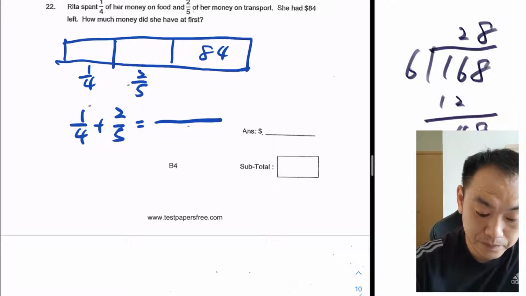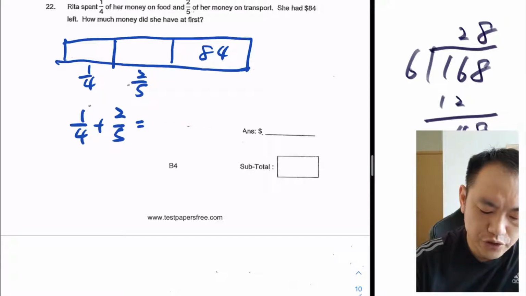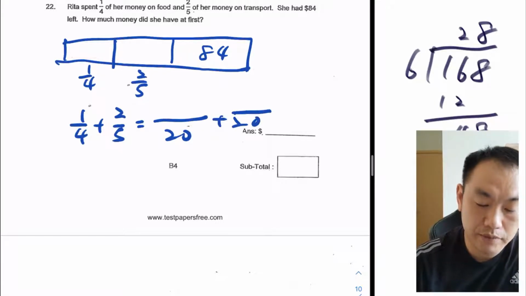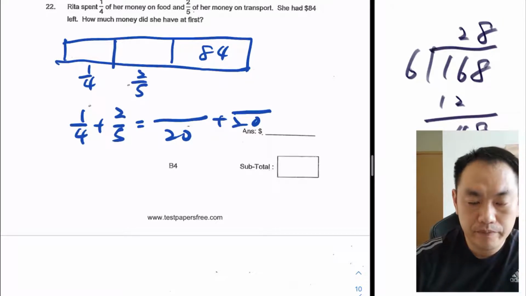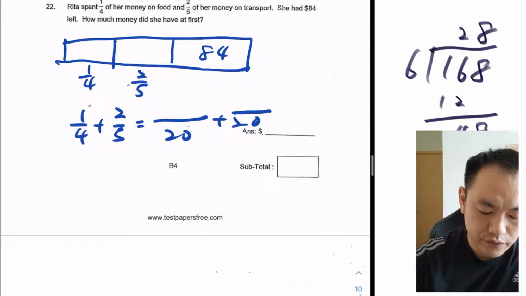You change the bottom to the common multiple, which is 20. Okay, so 4 becomes 20. You need to times 5, so the top also times 5.